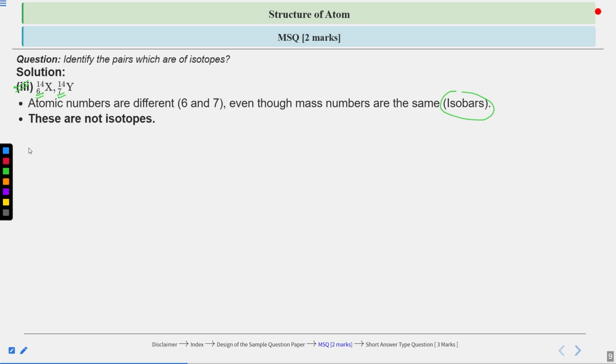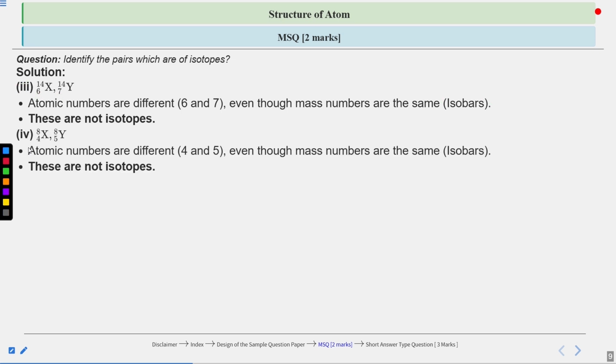Now moving on to the next incorrect option, which again has the same mass number as 8, but the atomic number is different, 4 and 5. So they have the same number of what? Proton plus neutron, but a different number of protons.